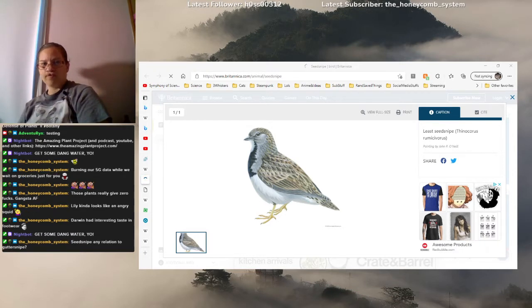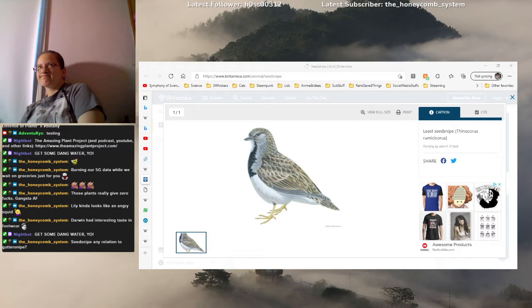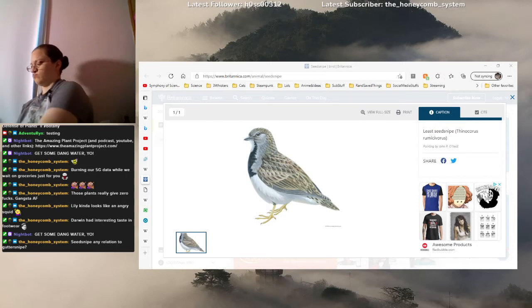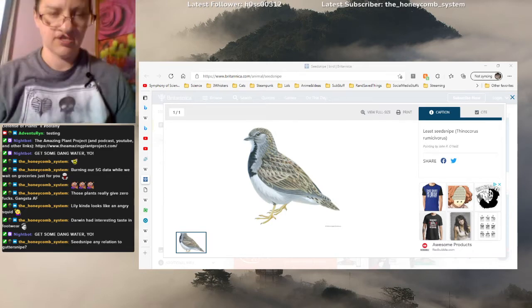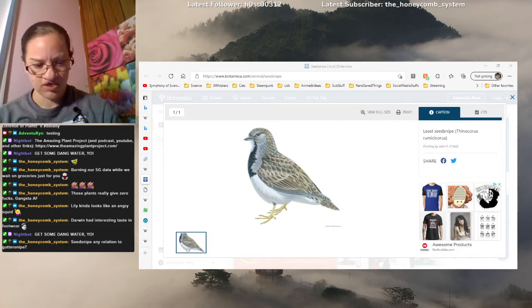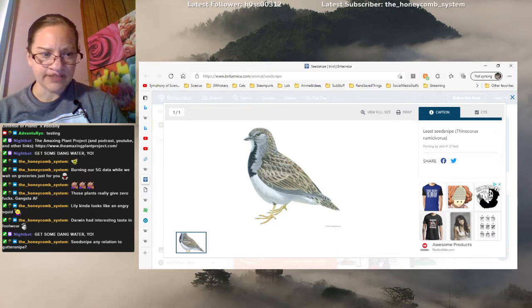So, seed snipe, any relation to gutter snipe? Alright. One moment, please.